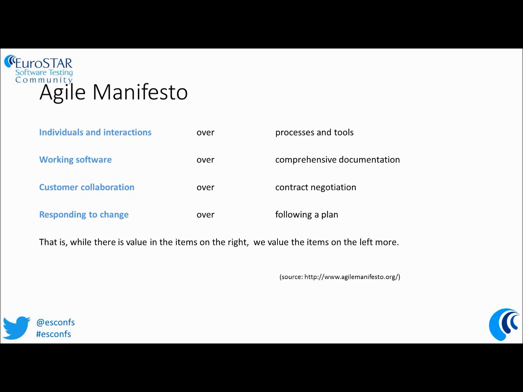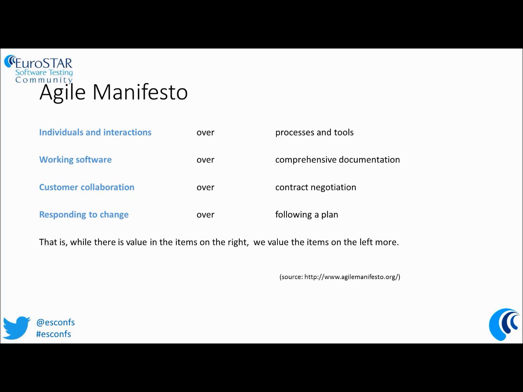So Agile is being flexible, and in basis we also have the Agile Manifesto. 4 relatively simple looking rules, but very complex to really apply, stating what you should do in certain situations. If you have to choose between individuals and interactions or processes and tools, then Agile says, well, if we have to make that decision, individuals and interactions are more important.